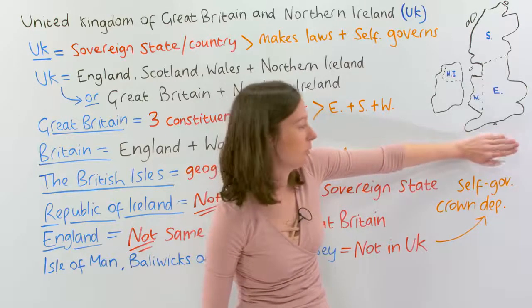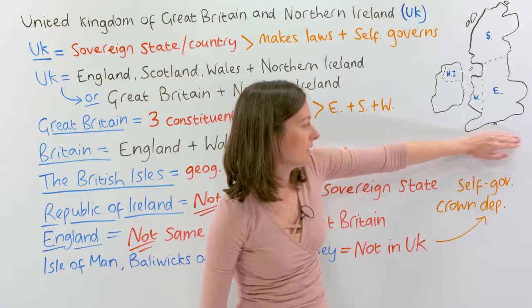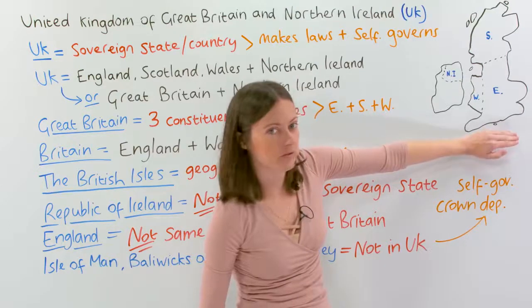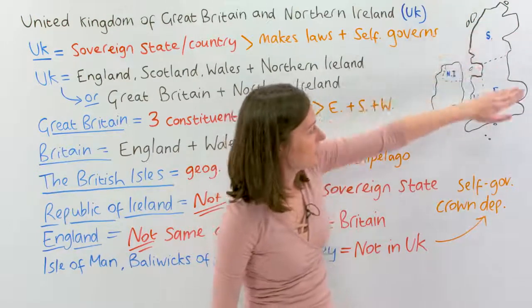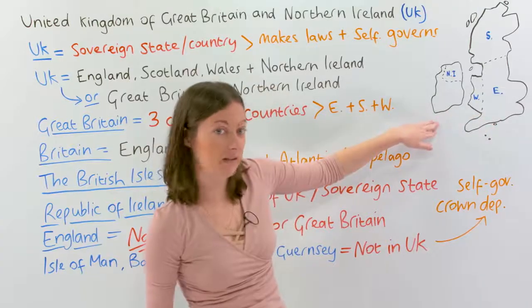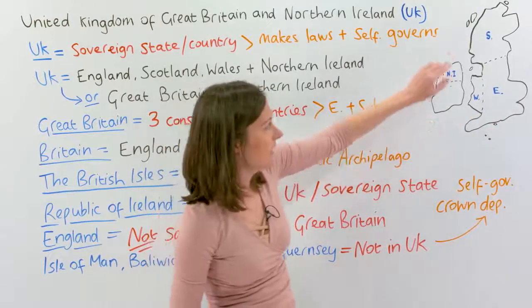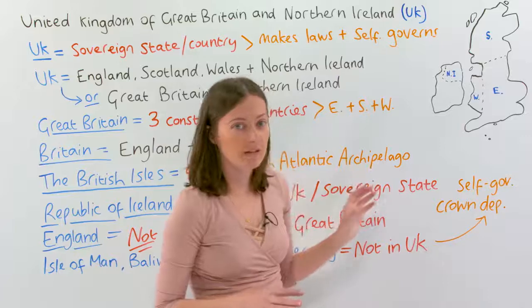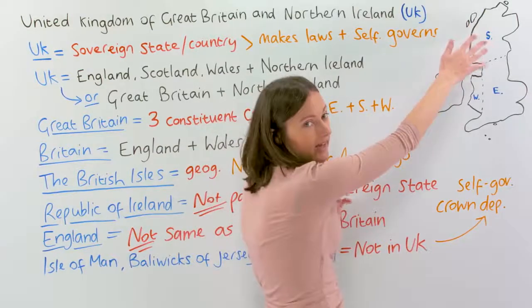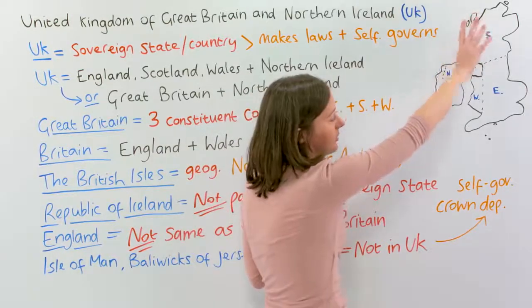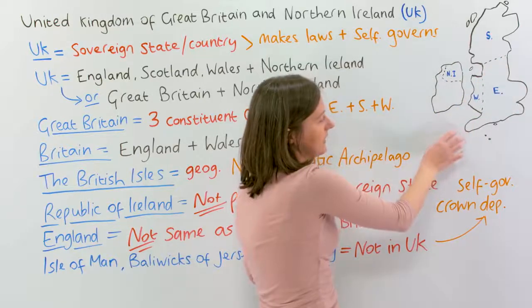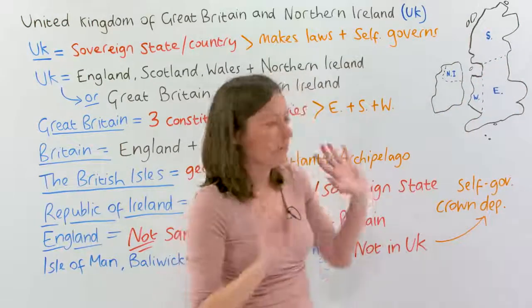These islands are called Jersey and Guernsey, and they're closer to France. But the British Isles could describe everything here in a geographic sense. And I wasn't able to draw all the islands, but there's actually over 6,000 islands up in Scotland, some down here as well. So many, many islands.